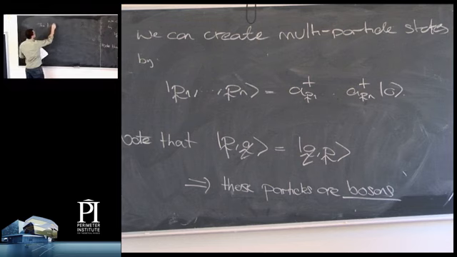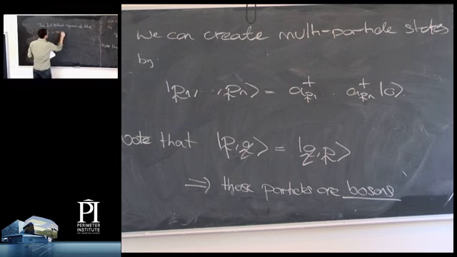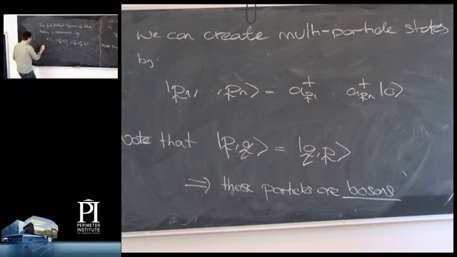The full Hilbert space of the theory is spanned by the vacuum and the 1-particle states and the 2-particle states, and off you keep going all the way to infinity. There's a name for Hilbert spaces of this type. They're usually referred to as Fock spaces.